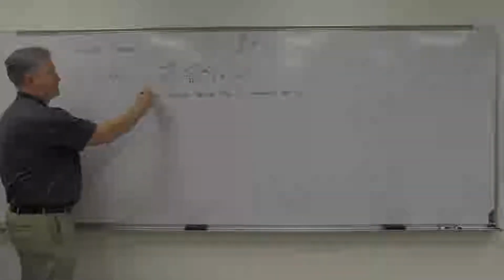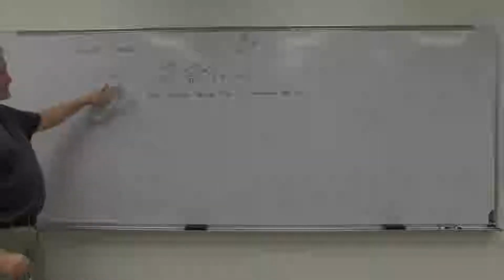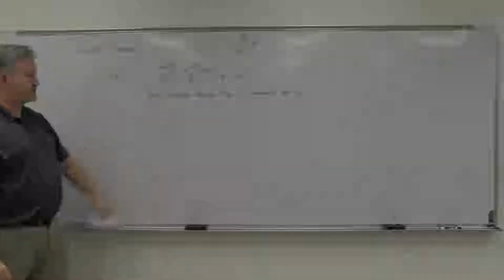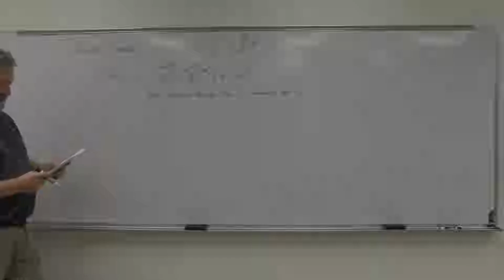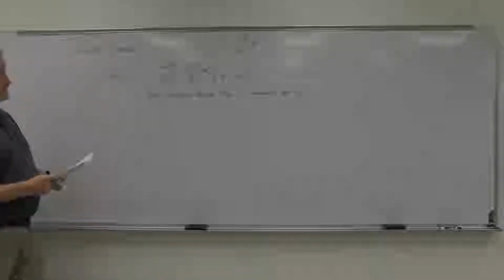That's what this is. So representing f as this, it's called the Taylor series of f, centered at a.